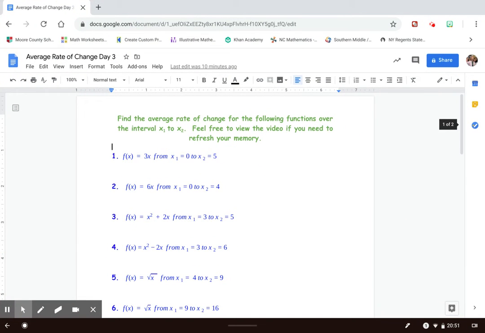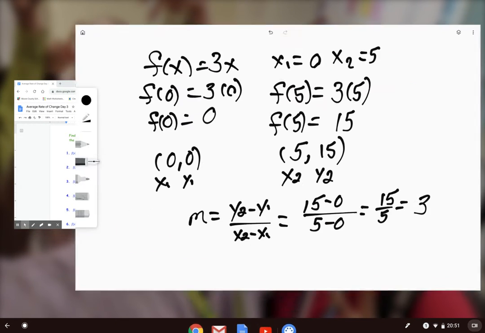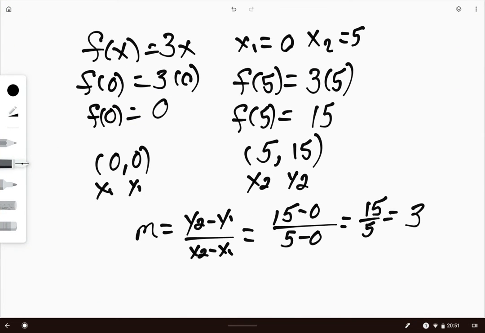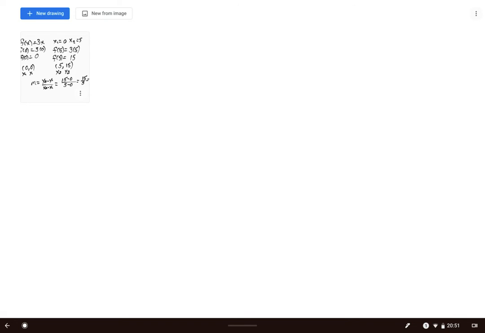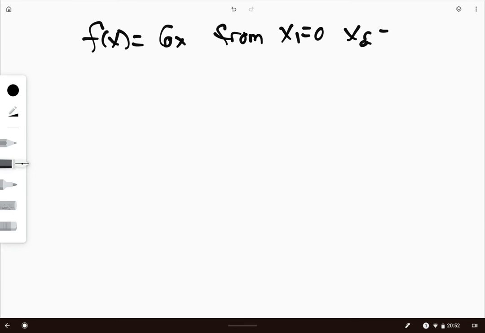All right, so let's look at number 2. F of x equals 6x from x1 equals 0 to x2 equals 4. So we have f of x equals 6x over the interval of x1 equals 0 and x2 equals 4.